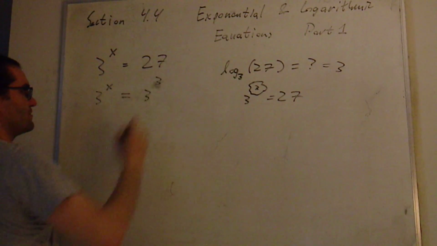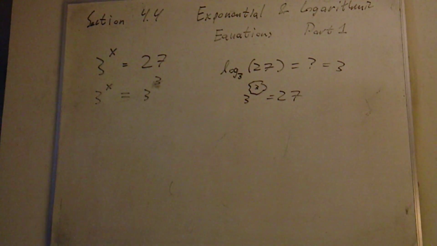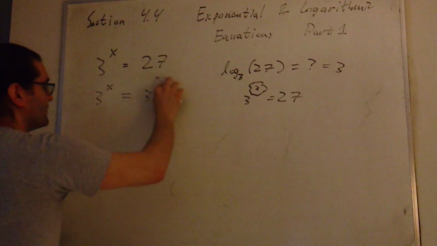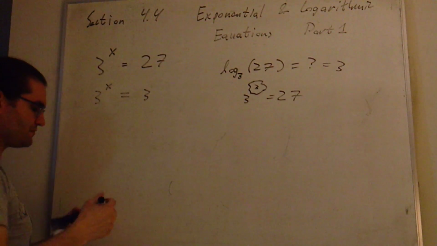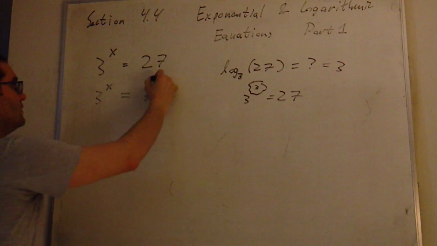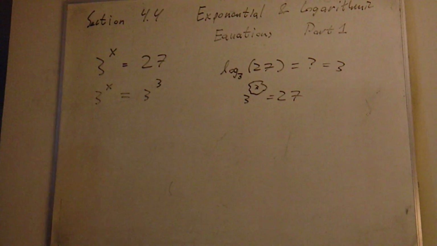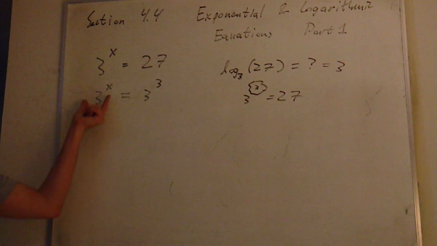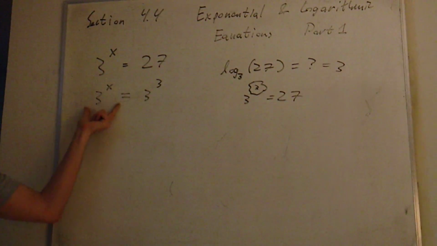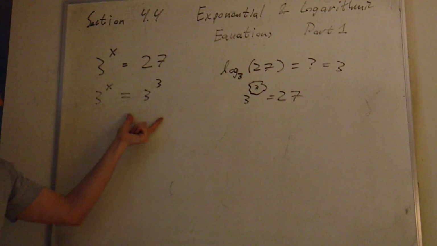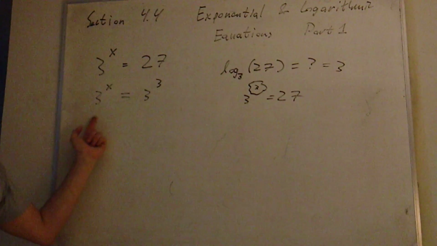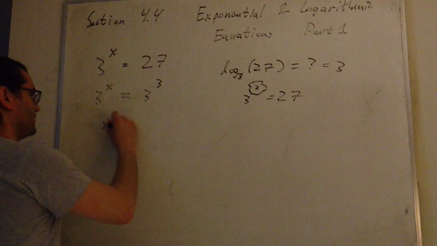I can write 27 as 3 cubed. So, by expressing both of these terms as powers of the same base 3, that makes it extra super clear that x should be 3.